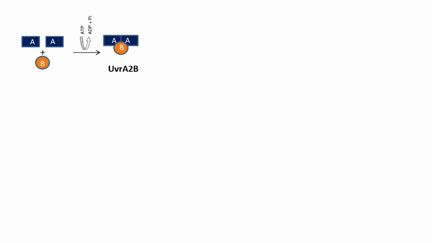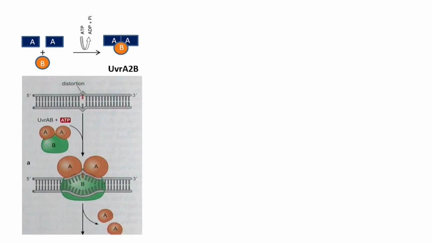The first thing that happens in the pathway is that 2 molecules of UvrA combine with 1 molecule of UvrB in an ATP-dependent reaction to form the UvrA2B complex. This UvrA2B complex then binds to the DNA.